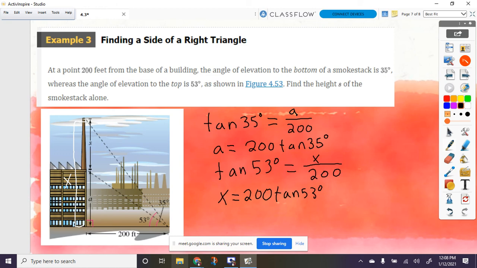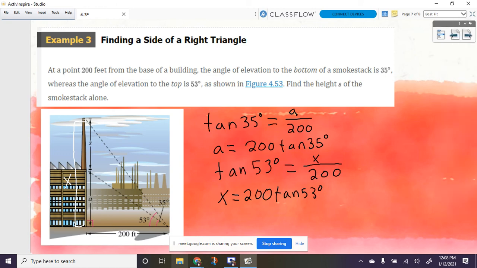So what are we actually trying to find here? Which variable? We want to find S. And yes, we would take our X and subtract our A. So we get 200 tangent of 53 degrees minus 200 times tangent of 35 degrees.